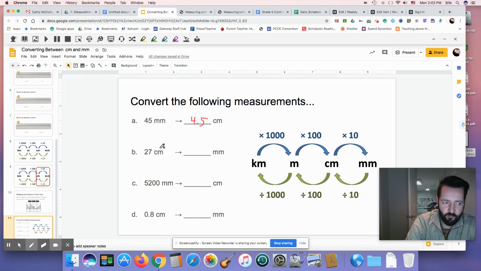And again, from the previous slide, if you're going to multiply 27 by 10, you can take your decimal place, which would be right after the 7 here, and you can move it right one place value, which is going to leave you with a blank place value there, which you can just put in a 0. All right. So it turns out 27 centimeters would equal 270 millimeters.